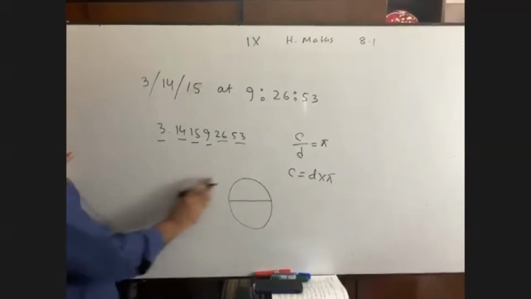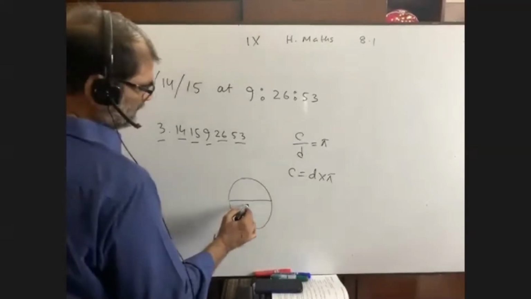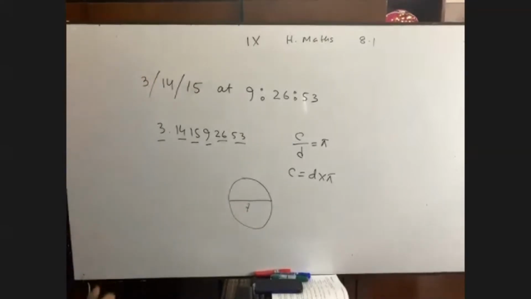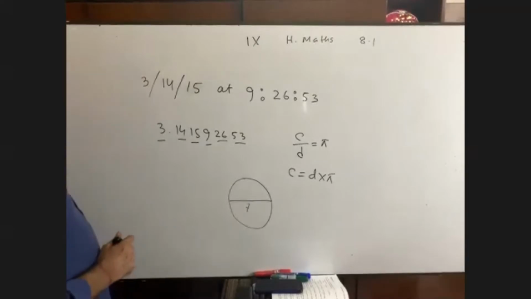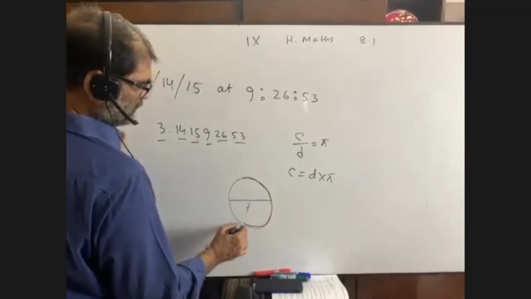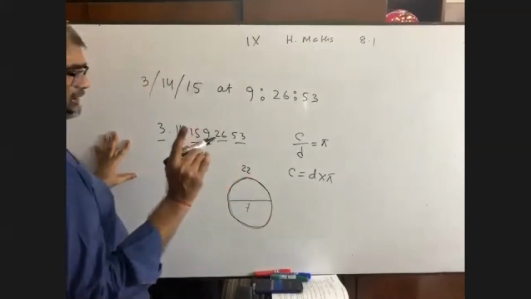Then you will see, if anyhow the diameter is 7, then its circumference will be very near to be 22, but not exactly.